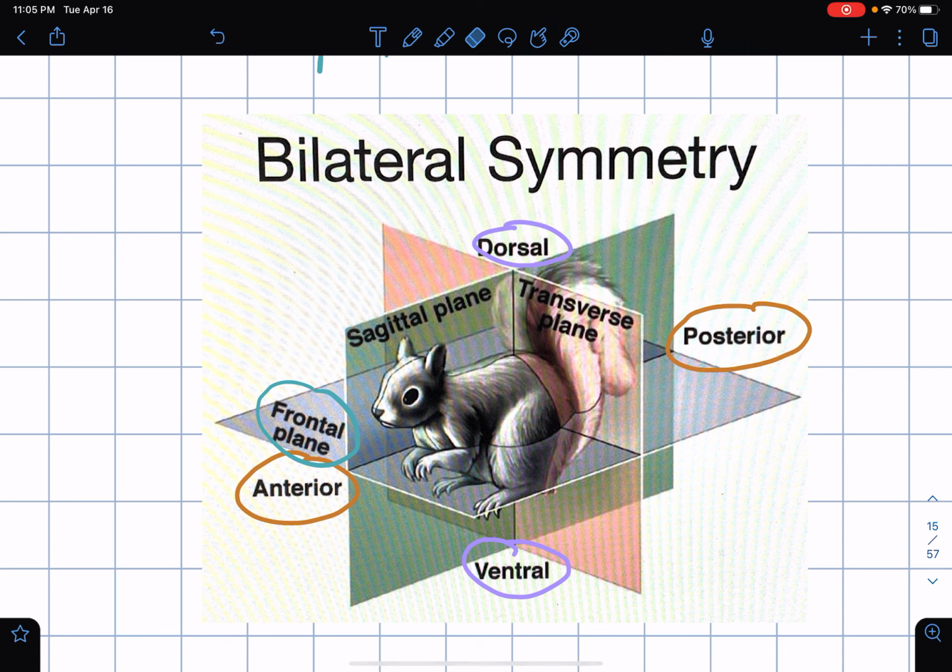Anyways, transverse plane divides the anterior and posterior. This is the frontal plane. I think transverse is the other side. The one in peach color. Okay.